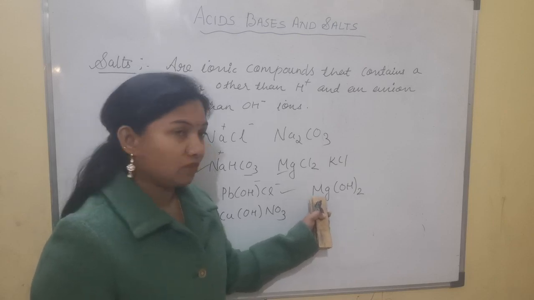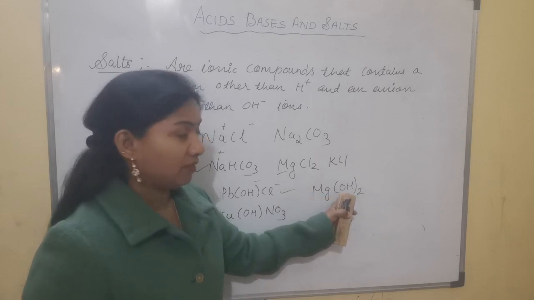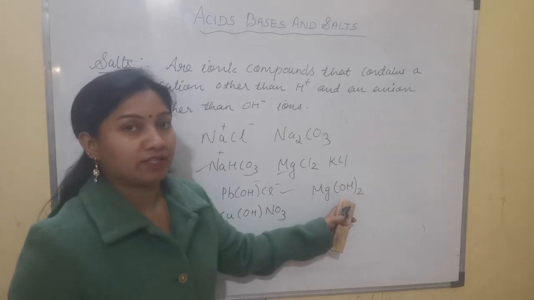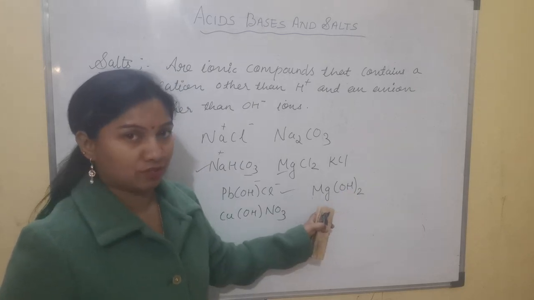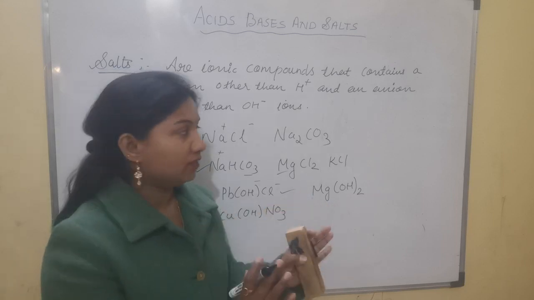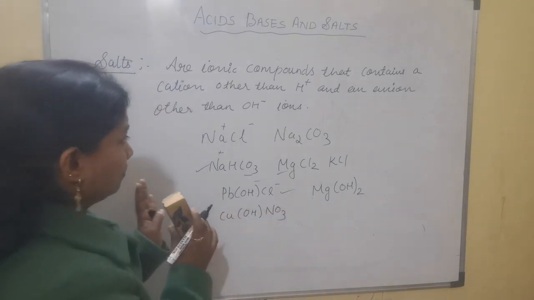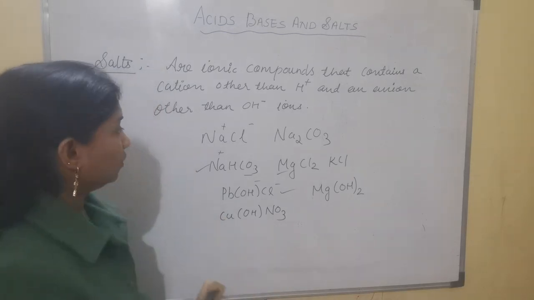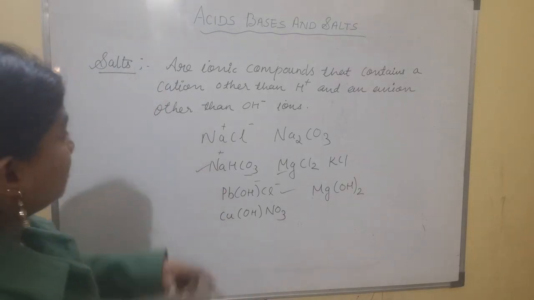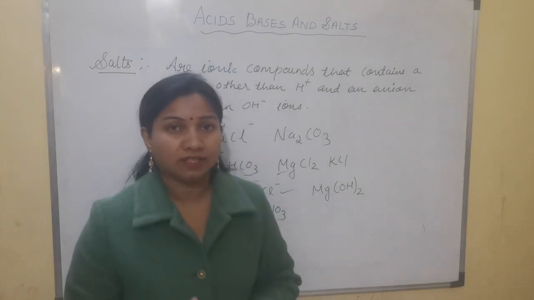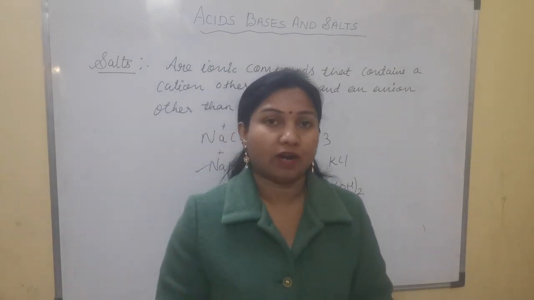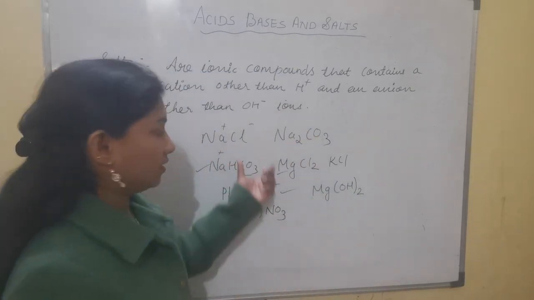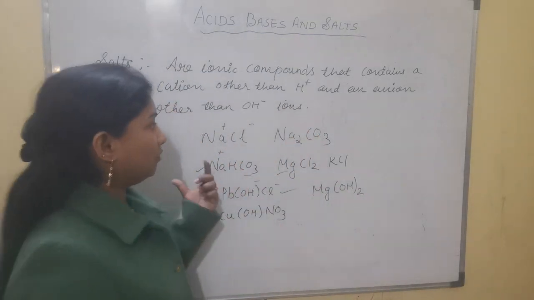It is not a salt because it is having negative ion OH minus, but no other negative ion is present apart from this. So this is not a salt, this is a base. By now you must be able to differentiate between a salt and a base. Once again, salts are ionic compounds that contain a positive and a negative ion apart from H plus and OH minus ions, and these are some of the examples.